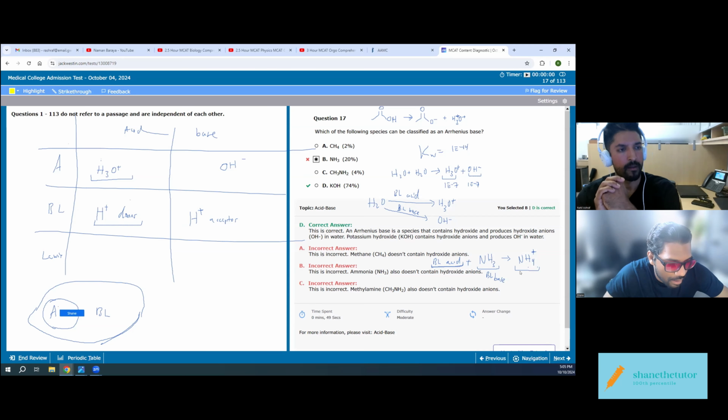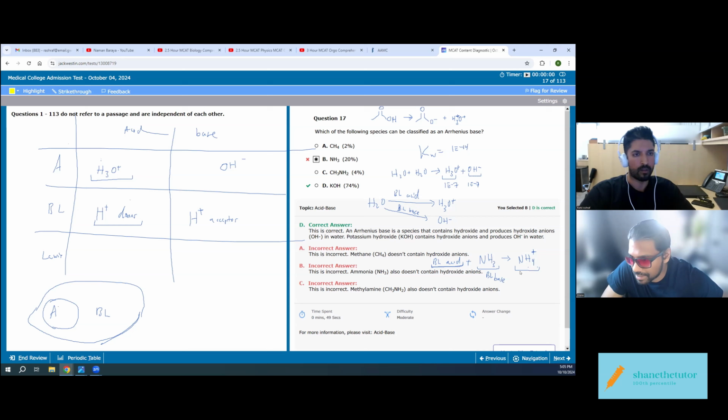So every Arrhenius acid or base will be a Bronsted-Lowry acid or base, but not every Bronsted-Lowry acid or base will be an Arrhenius acid or base.